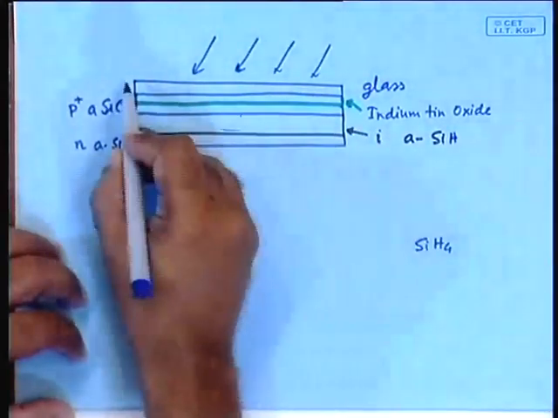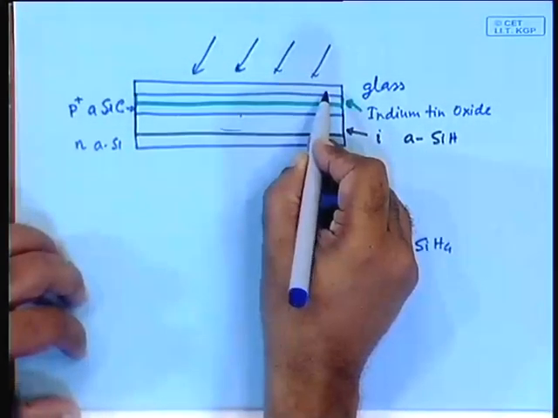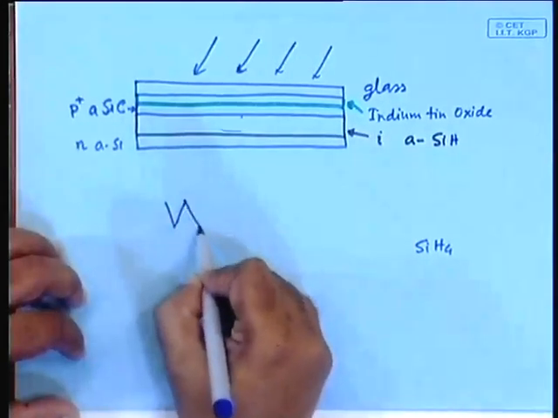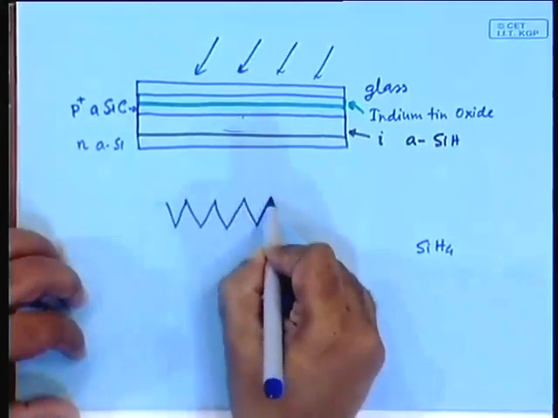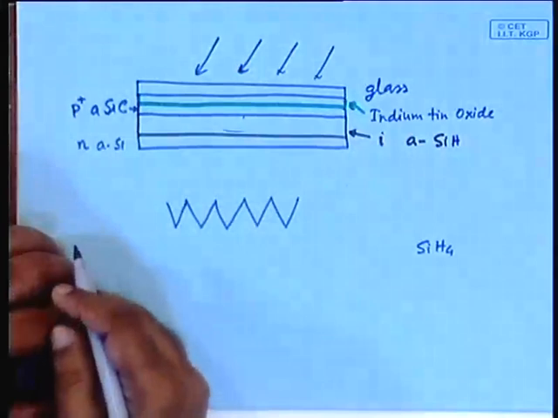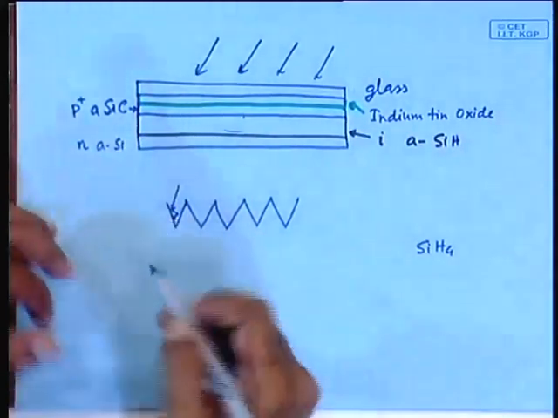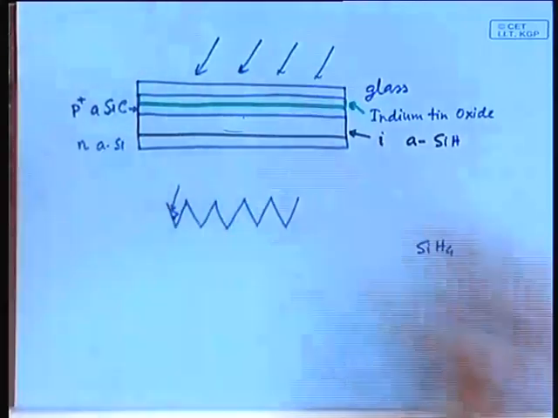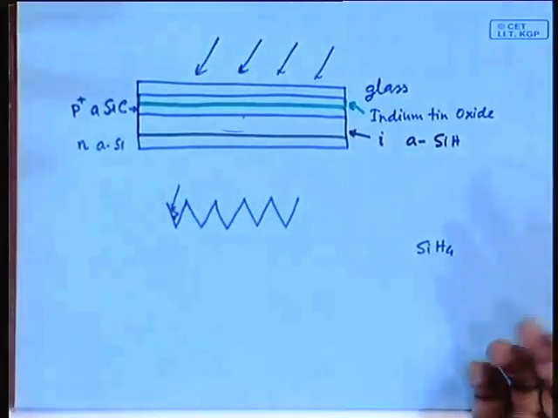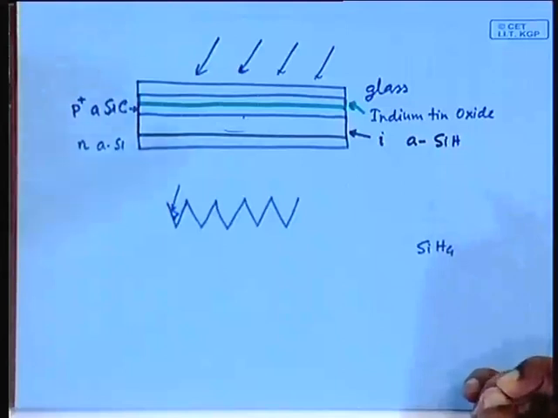The way people overcome that problem is, firstly, to make the top layer not as a flat layer, but something like this. As a result, the light that is coming in has to go through multiple reflections and ultimately will go in. That is one trick that is normally used.